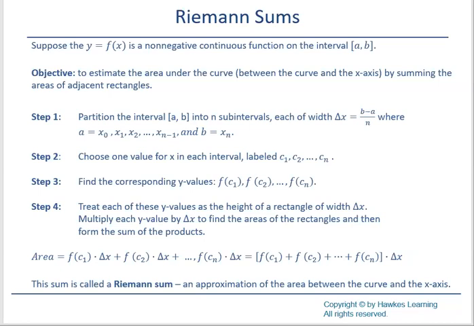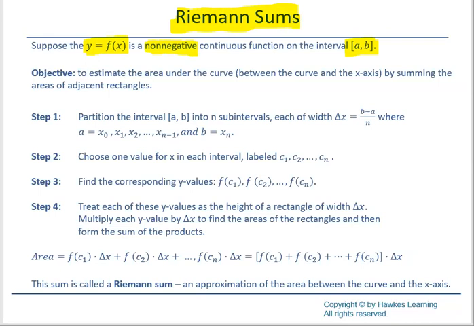So I'm going to summarize it. The Riemann sum, that's the name of the technique, and the informal name is the slice and sum. We're going to start with the function f of x, which is non-negative. Why non-negative? Because the graph is going to be above the x-axis, over the interval AB. So you have to know point A and point B, or the left bound and the right bound of the graph.